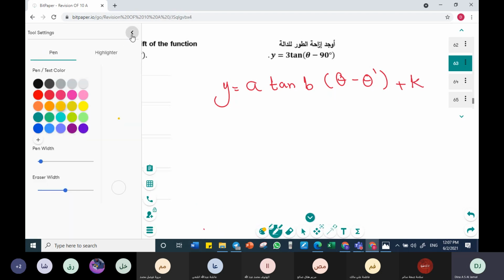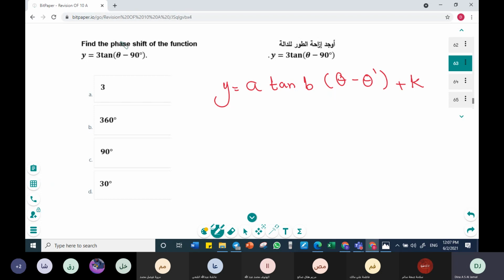First of all, I have told you a really important note about the tan and their reciprocals. Do I have an amplitude for the tan? Undefined. Can I say that it is A? Excellent, Aisha. It is undefined.